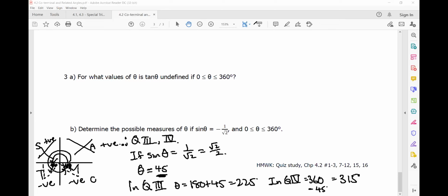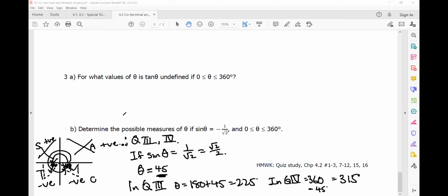We're slowly exposing ourselves to the idea that sine and cosine and tangent could have negative values, and the implication of that means it must be in a certain quadrant that makes the values negative. The x value or the y value or both must be negative.